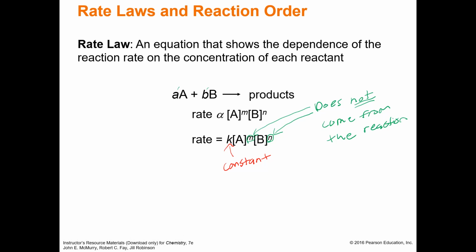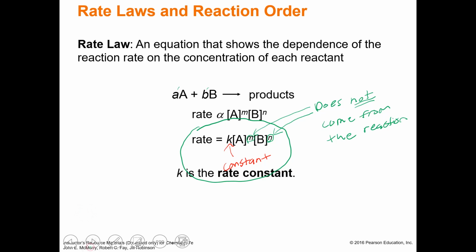But this is the form that a rate law will always take. The rate is always going to be equal to some constant times the concentration of the reactants raised to a power. And k is a rate constant, lowercase k. Be very careful, make sure that when you're writing your rate laws that you write this as a lowercase k. Capital K refers to something completely different that we'll get to in another chapter.